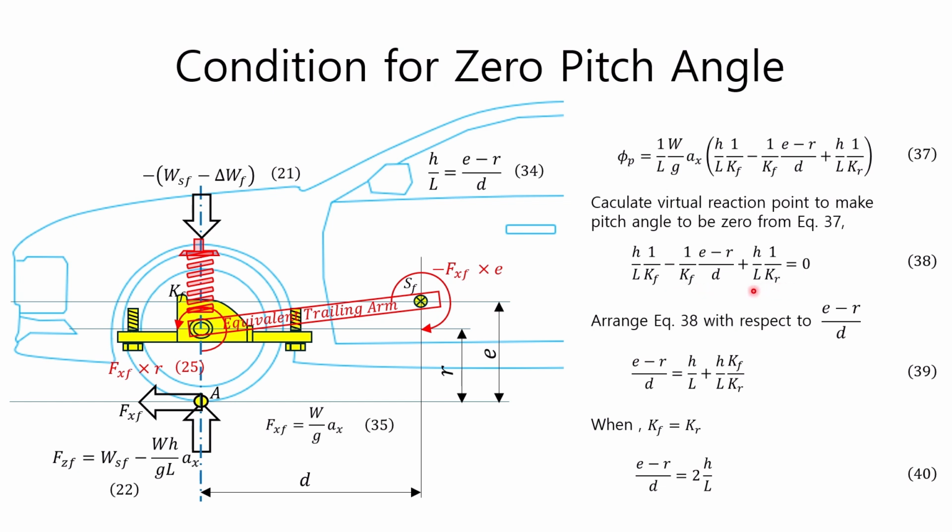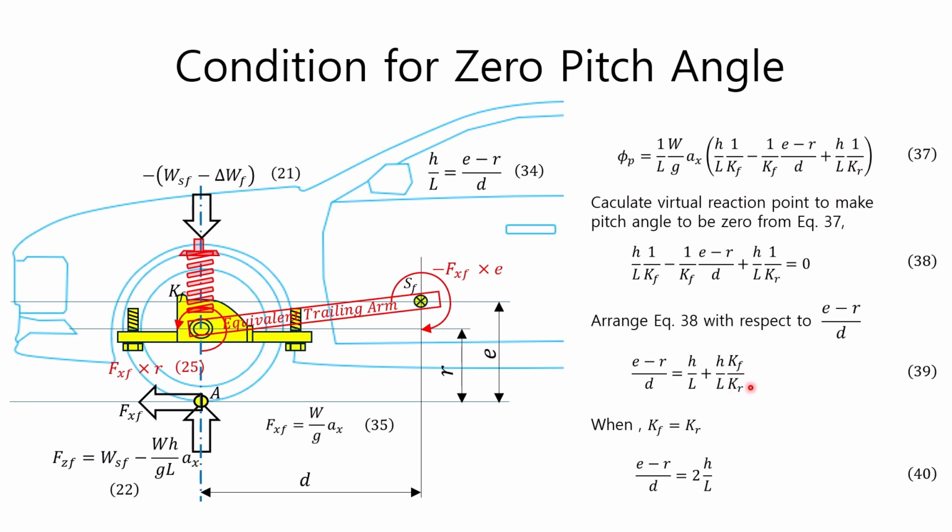Simplifying equation 38 for E minus a divided by d yields equation 39. The first term on the right side of equation 39 represents the anti-lift condition of equation 34, which was derived earlier. As explained previously, in general suspension geometry, the condition for zero lift is not the same as the condition for zero pitch angle.